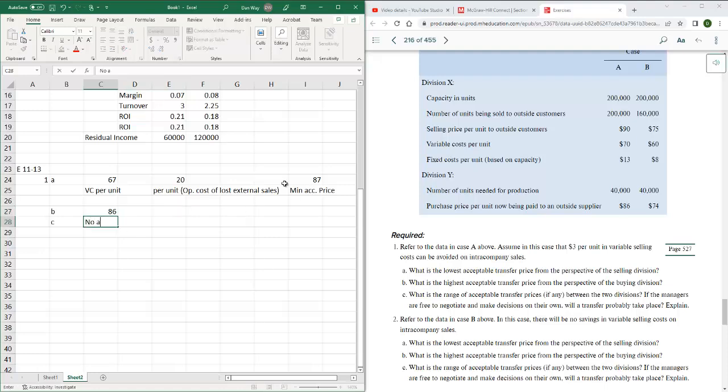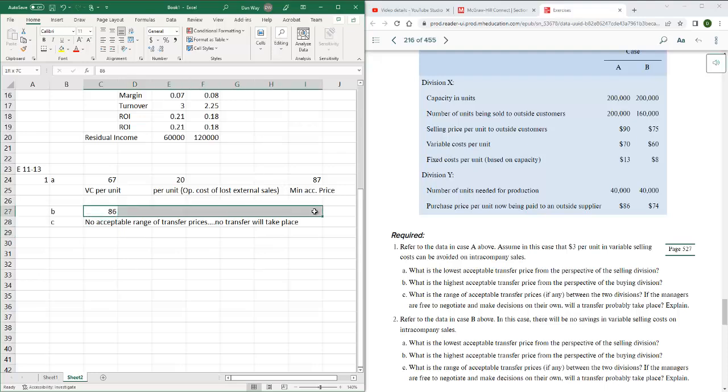So no acceptable range of transfer prices, and no transfer will take place. Again, point being, we're going to make the company worse off as a whole if we make this transfer internally. It's better if X just keeps selling to the outside customer and Y goes out to the market and buys everything for $86, given the parameters shown here.